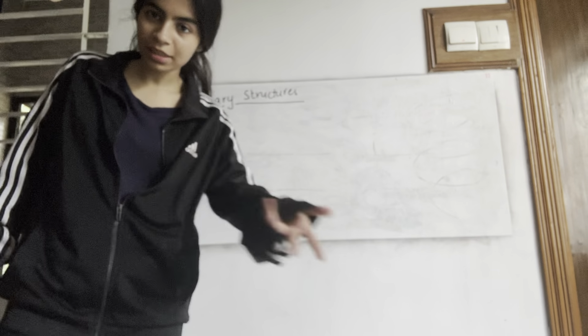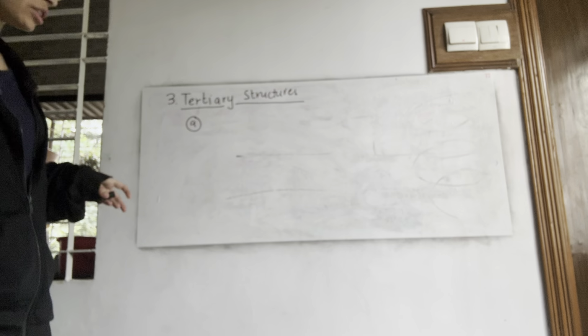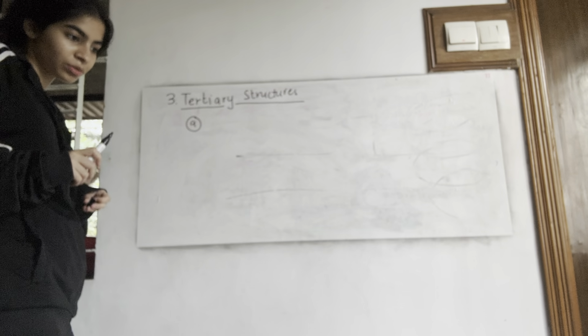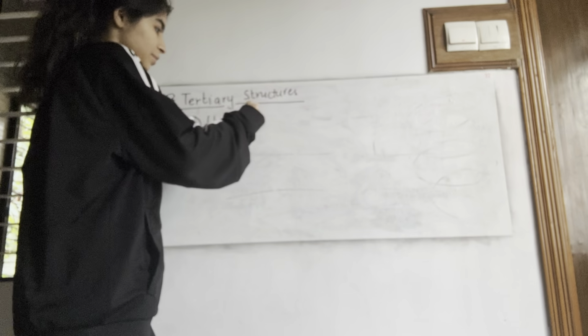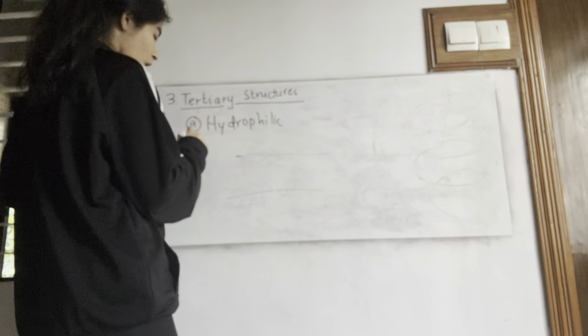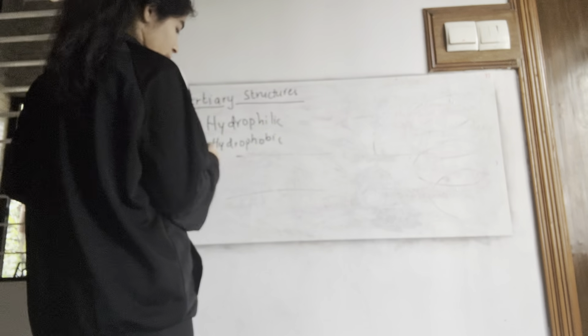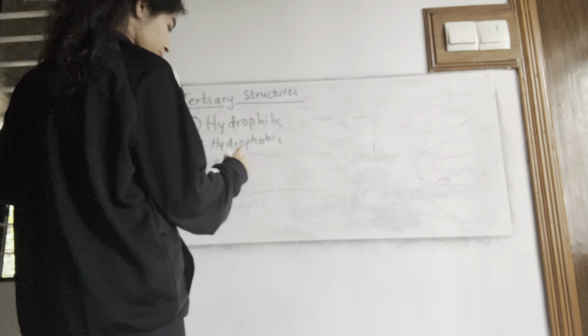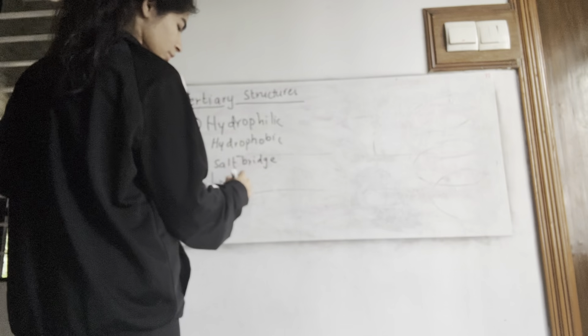This book says there are 3. So I'm just going to go with my instinct and start writing. We got hydrophilic, hydrophobic, salt bridge, which I think can also be called ionic interactions.